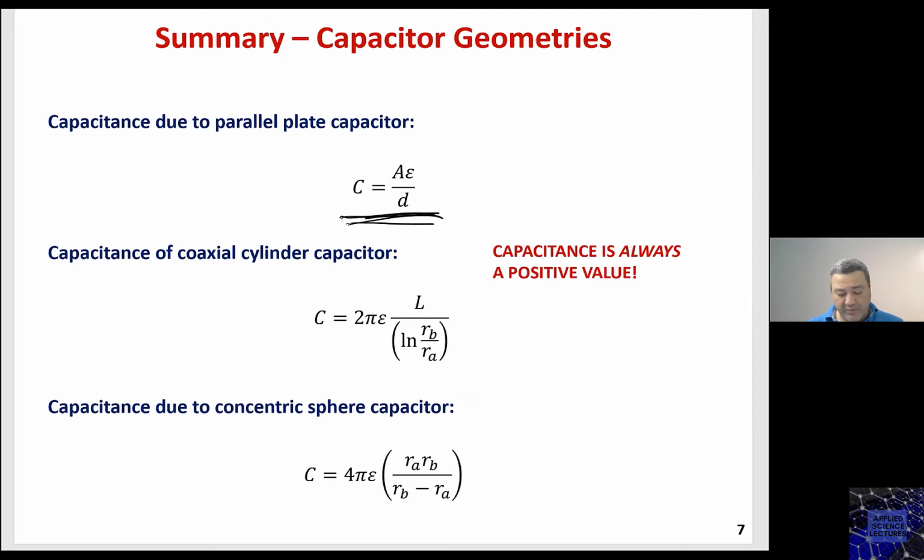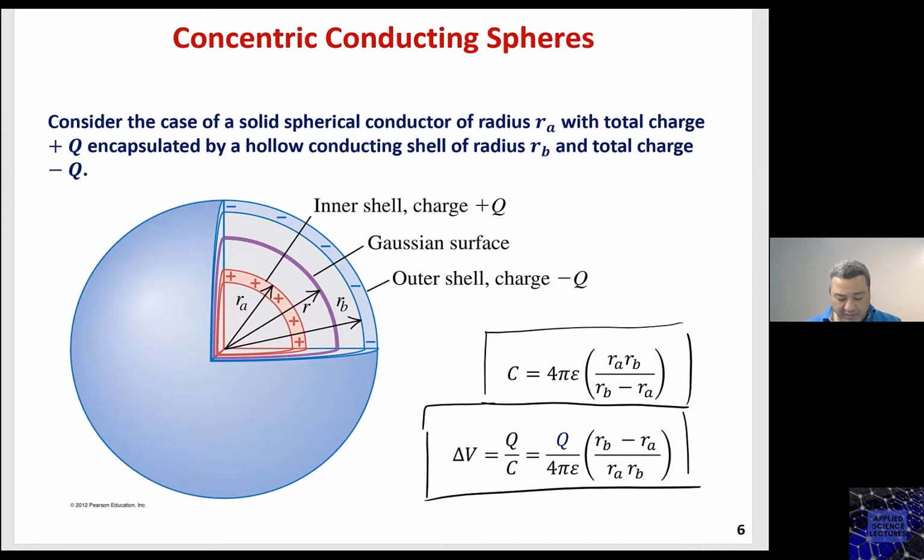One for the parallel plate, this one for the cylindrical coaxial capacitor, and this one for the concentric sphere capacitor. In the concentric sphere capacitor, as you can see here, we have the outer conductor and the inner conductor, and there's an insulator in between.